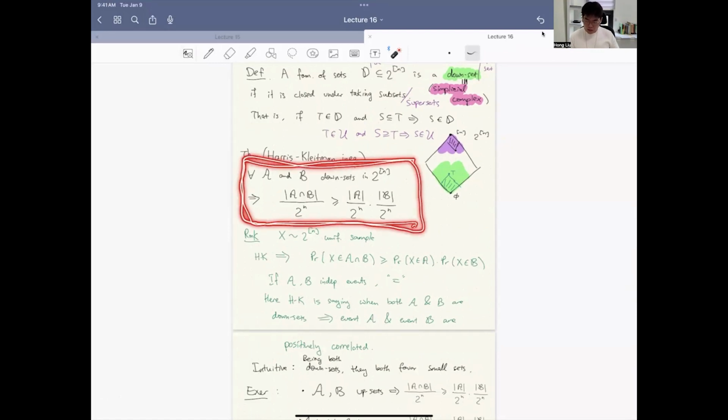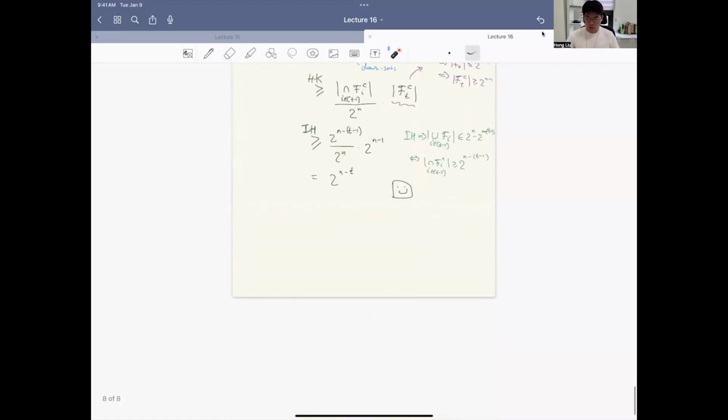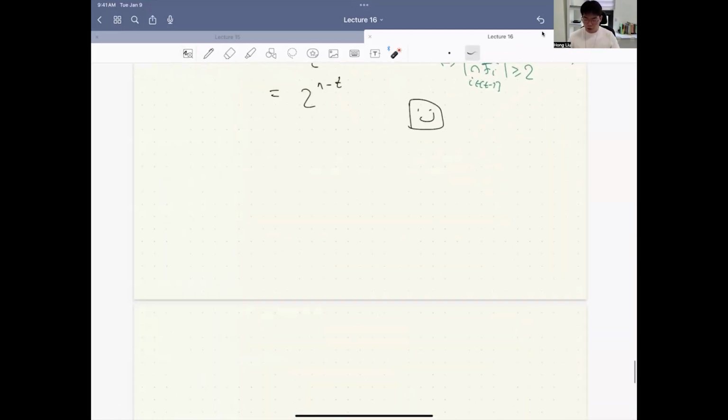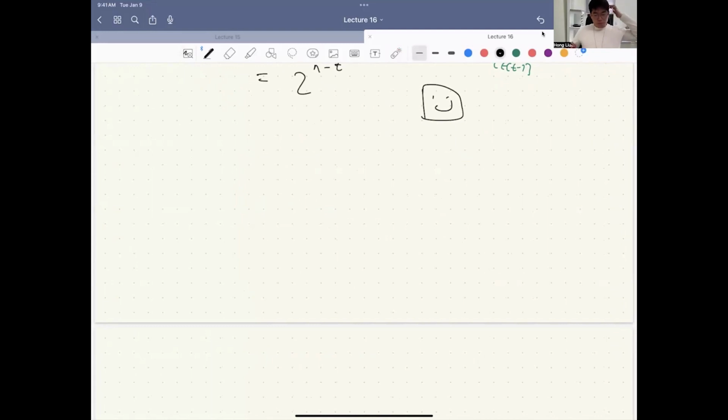So let's look at another application, for the rest of this time, of Harris-Kleitman, another nice, cute statement of Kleitman. Let me give a definition.